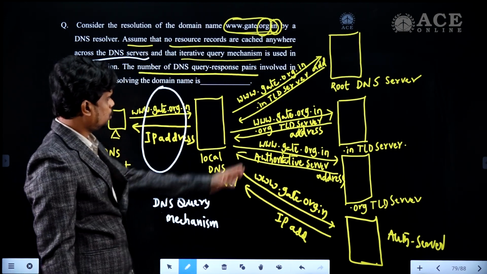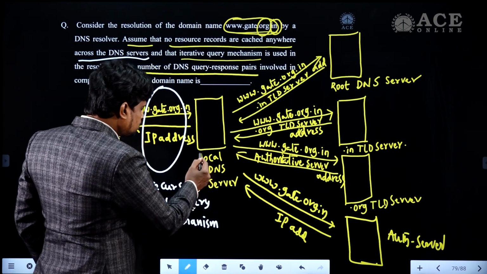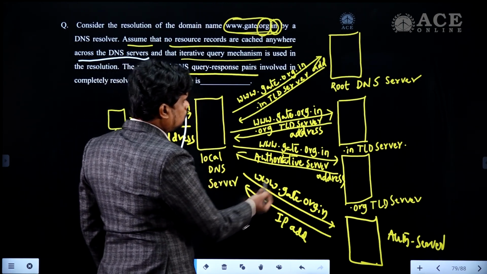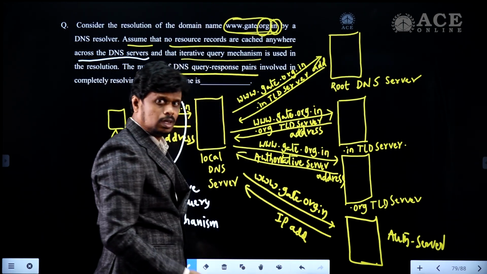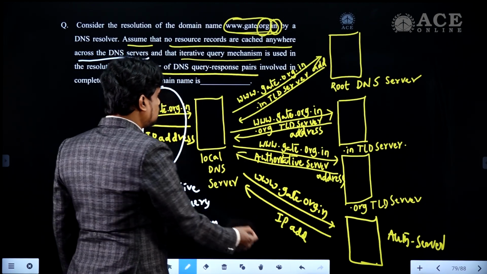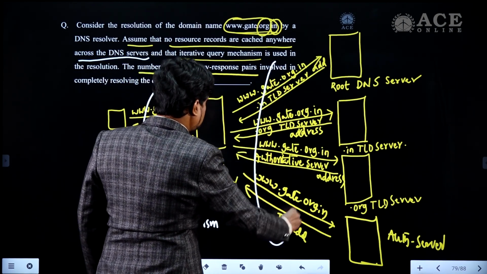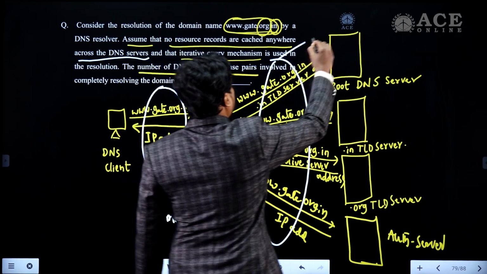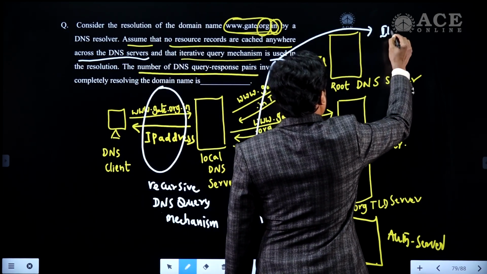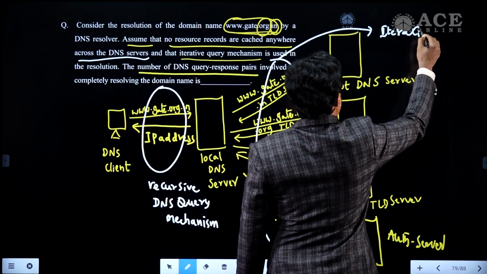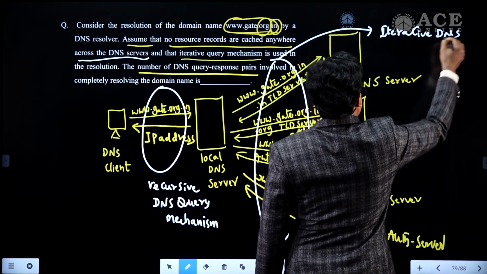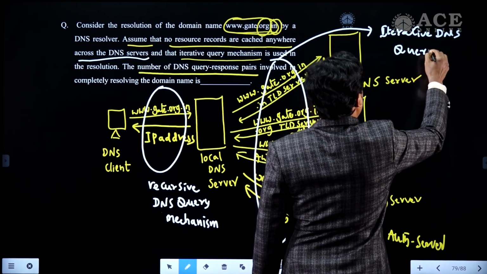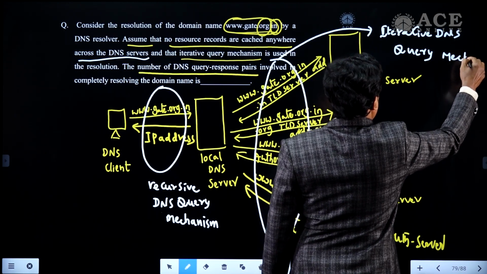But on this side, the interaction between the local DNS server and the rest of the servers is said to be the iterative DNS query mechanism.